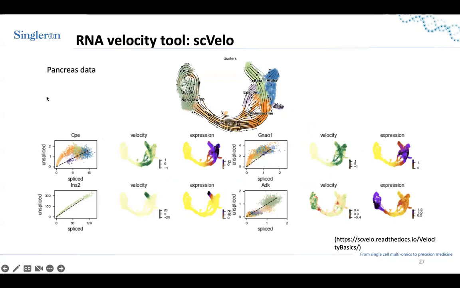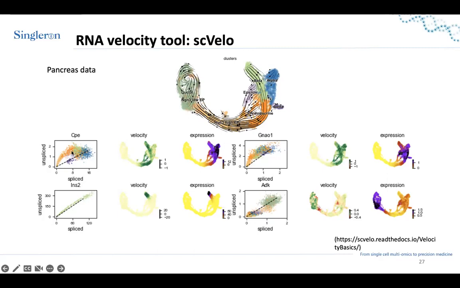Okay, so this is an example of pancreas data that I also showed on the first slide. If you just focus on a particular gene, CPE, you plot its unspliced and spliced counts for all the cells in the data. So unspliced versus spliced for a particular cell for this gene, and then for another cell, basically all the cells in the data.